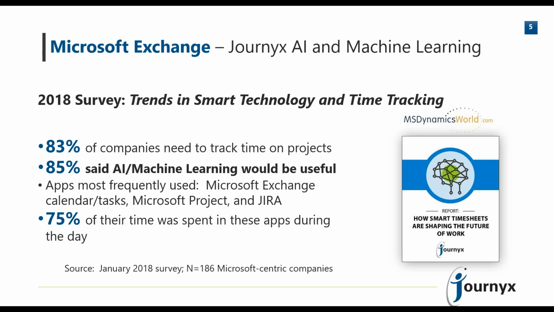And when we talk about doing that, what that means is being able to use AI and machine learning to be able to pull in information from Exchange to make the time entry process as simple as possible for your end users. The apps that were most frequently used around this AI machine learning concept were, of course, Microsoft Exchange, the calendars and tasks that people have on their Exchange, Microsoft Project, and then also from the development world, Jira.